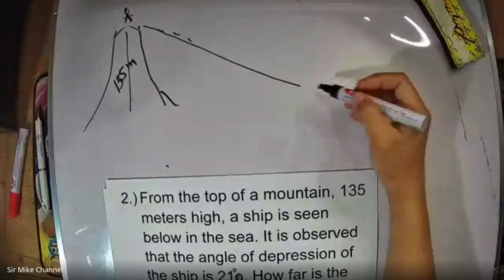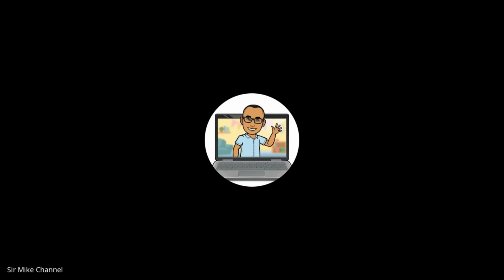So he observes an angle of depression of 21 degrees. This is the horizontal line, so we have 21 degrees.